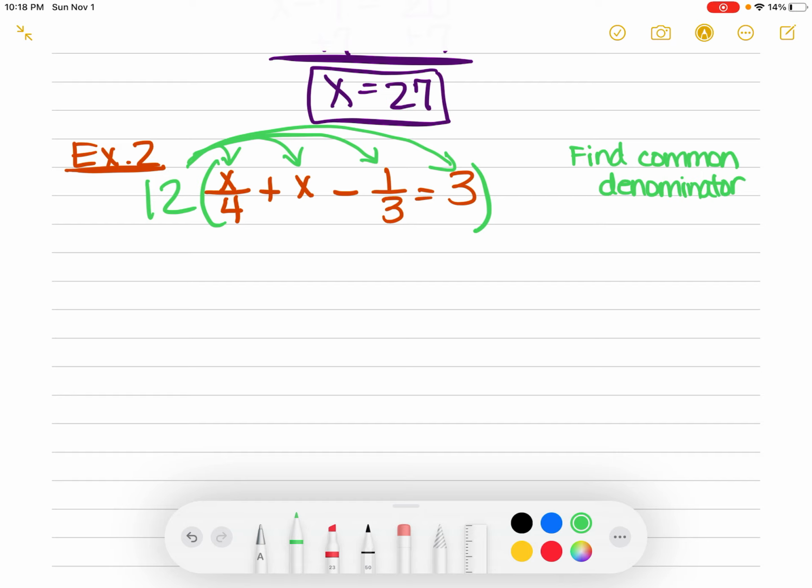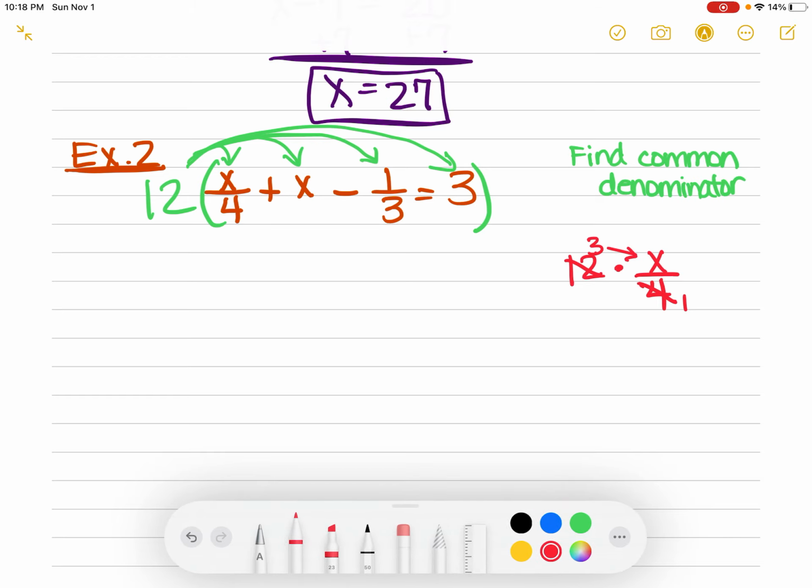Okay, so when I do this first part, the 12 times x over 4, I'm just going to take it off to the side to show you. Now, you don't normally have to do this, but I'm going to show you what I do. So I would say 4 goes into 12 3 times. So that really gets rid of the 4. It's like 12 divided by 4. So it gives me 3, and now I have 3 times x.